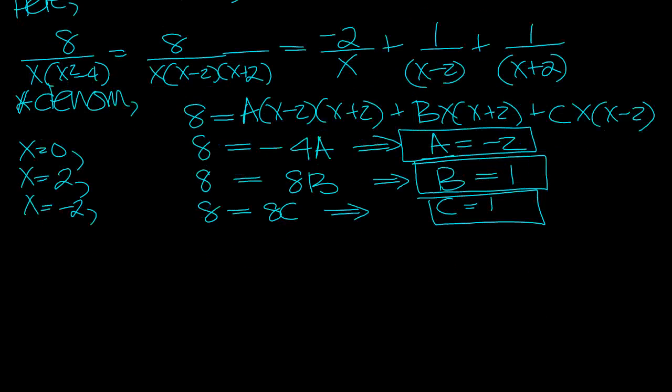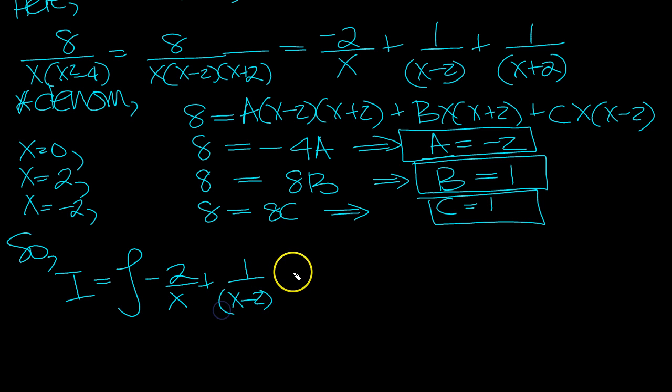So our integral then is equal to minus 2 over x plus 1 over x minus 2 plus 1 over x plus 2 dx. That's our integral. We need to work it out between 3 and 4, don't we, as we're asked.